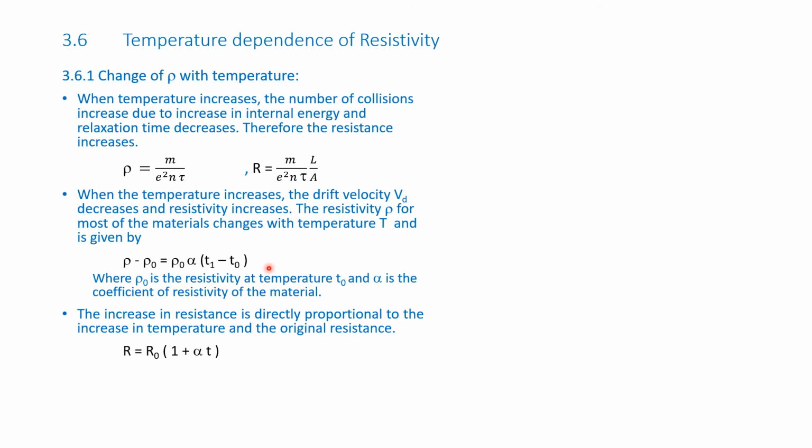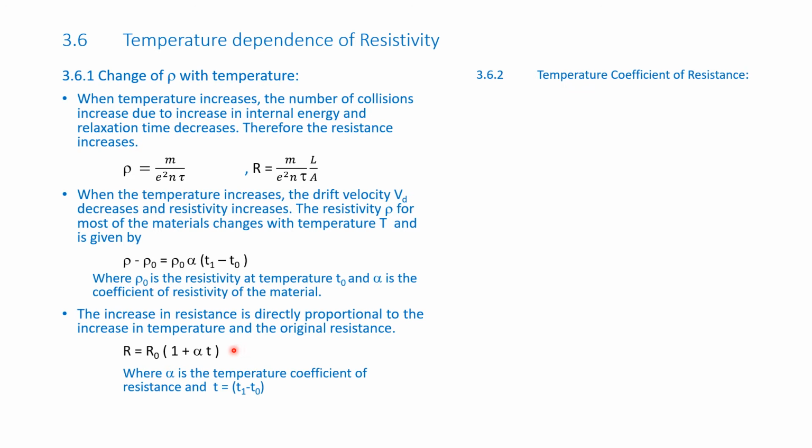This equation can also be written as R at any temperature T is given by R naught into 1 plus alpha into T, where T is the change of temperature and R naught is the initial resistance at temperature T naught. Again repeating, alpha is the temperature coefficient of resistance and T is equal to T1 minus T naught, that is the change in temperature.